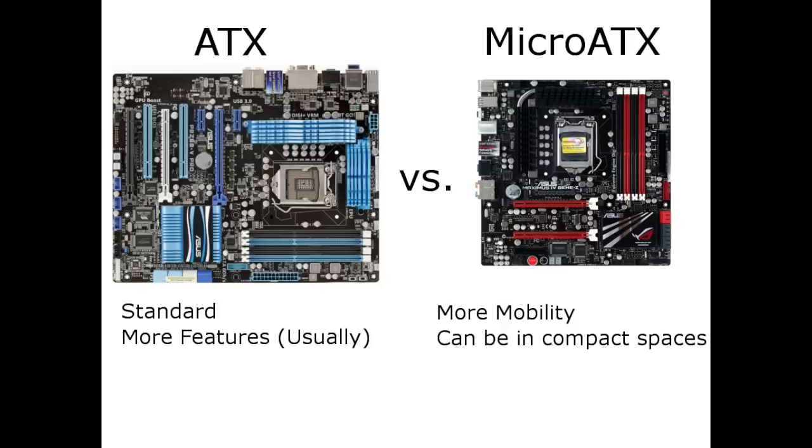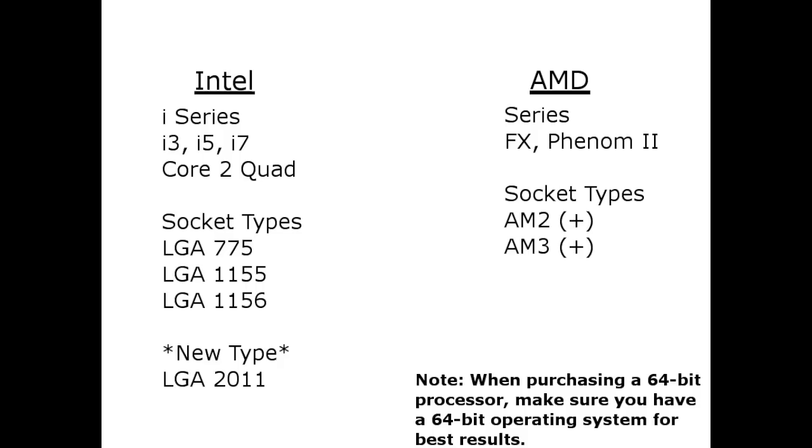And that brings us to the next component, which would be the processor itself, or the CPU. And I would recommend going with the i-series processor, but AMD is known as the budget processor. And when you're looking at your motherboard, you want to make sure that the socket type fits the processor you're going to buy.